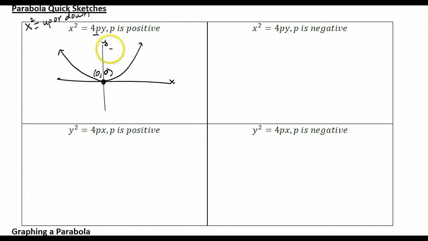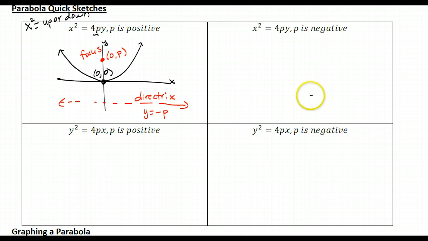The focus is right up here, right on the y-axis, and the directrix is going to be right down here. And the directrix is the line y equals negative p. So I've got my focus up here, 0 comma p. I've got my directrix, which is the equation of the line y equals negative p. It's y equals because it's horizontal.